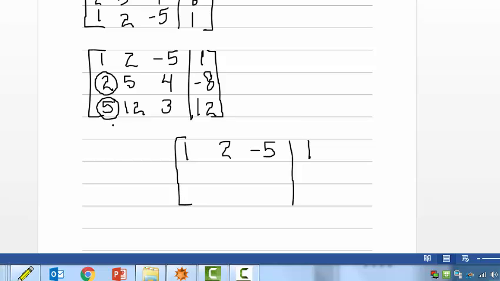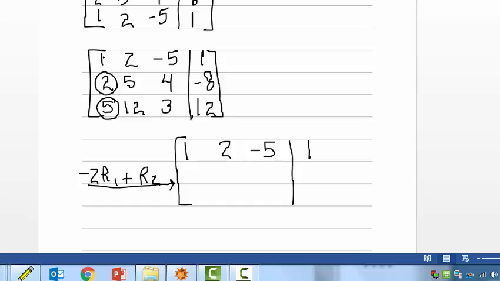And so I'm going to multiply -2 times row 1 and add that to row 2. And that's how I'm going to get my new row 2.